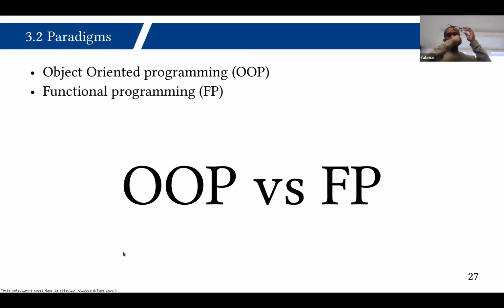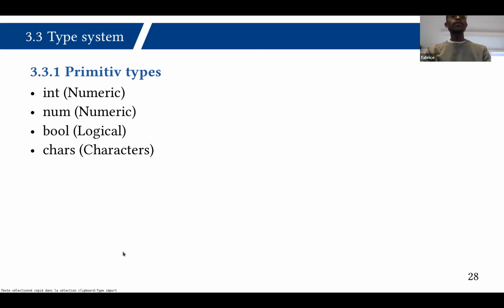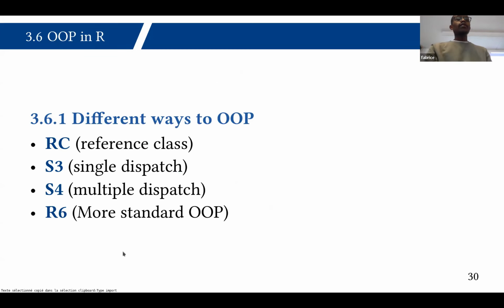Because we know that R by default, given its syntax, is more functional, but we can also implement object-oriented programming. We have different ways to use object-oriented programming in R, like RC, S3 with single dispatch, S4 with multiple dispatch, and R6, which looks more like a standard OP.